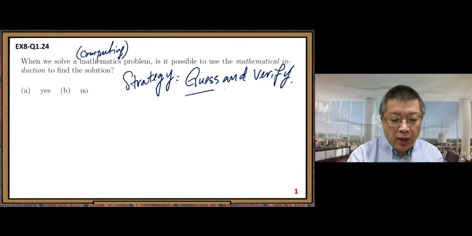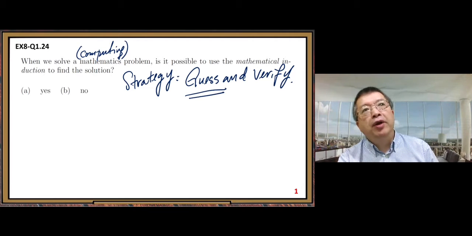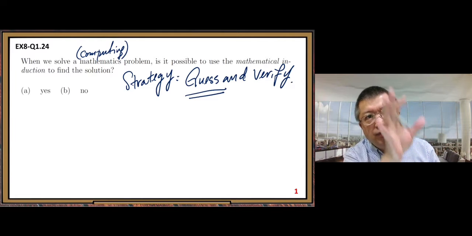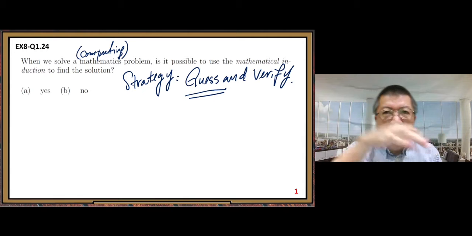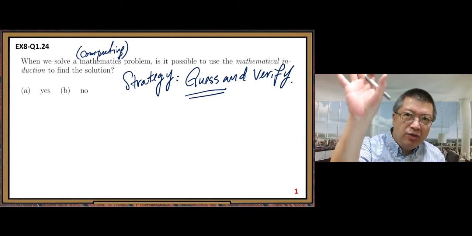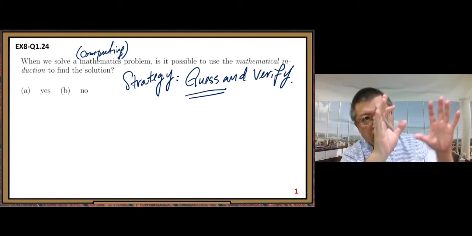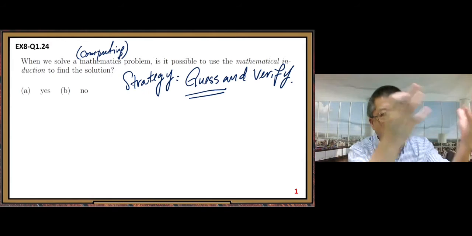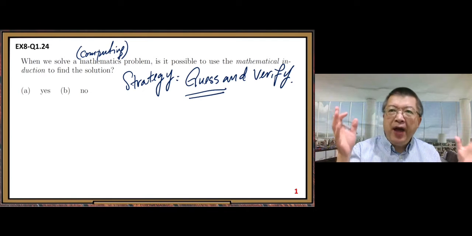Guess is very important in problem solving. Before you know the answer, before you can derive the answer, if you have plenty of clues you can use to guess, the result is very likely to be in some special way. So then it will make problem solving much easier.